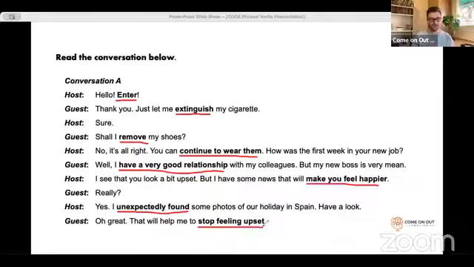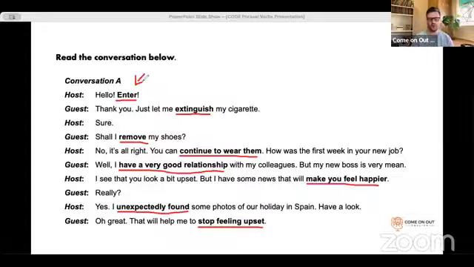I want you to quickly look at all the words in bold and see if you can think of a phrasal verb we can use to replace the words in bold with. For example, let's look at enter.